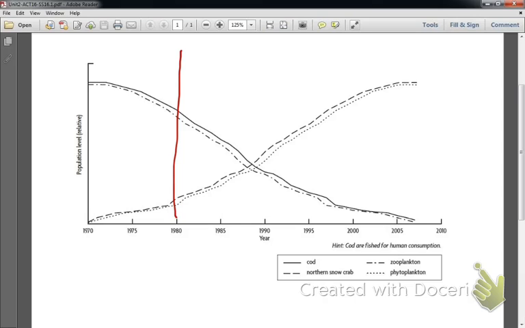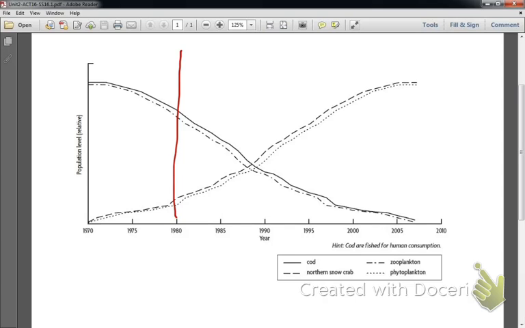If you look in your book, page 129, in your notebook, all you're going to do is write down graph number 1 and label it cod dominated ecosystem. That's the title of that graph, right? You're going to write down what time that is.